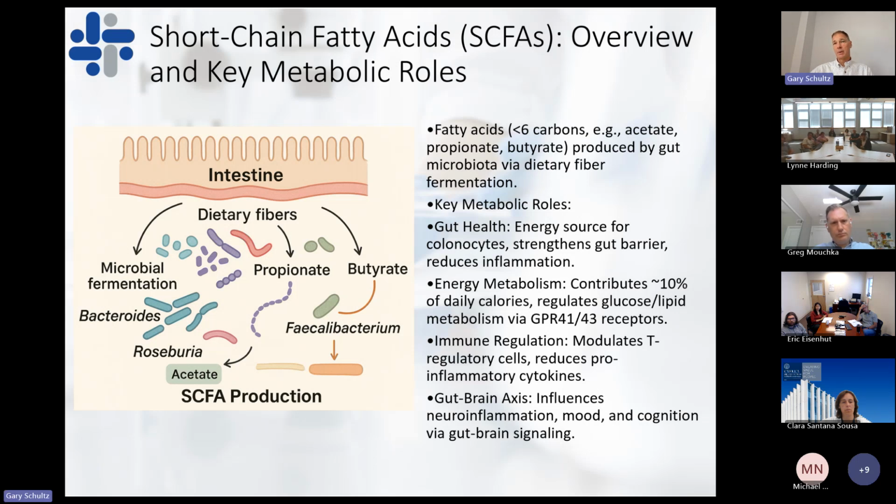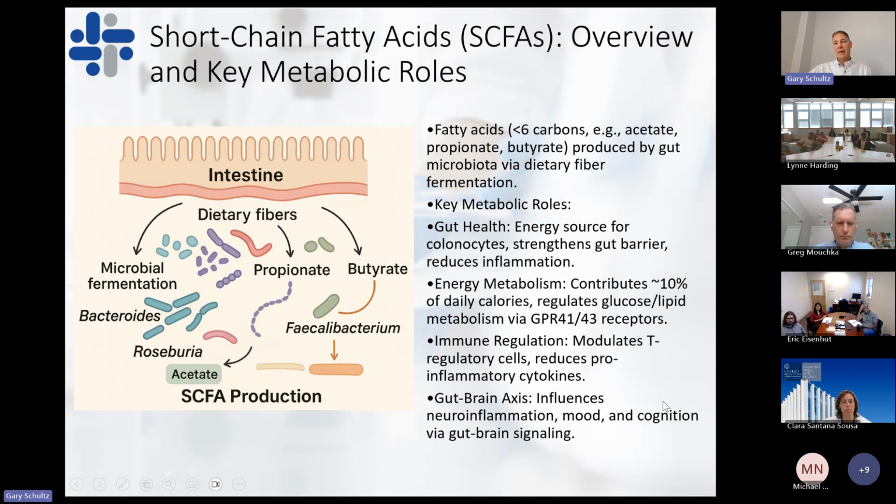And they play a key role in metabolic health, both in terms of energy sources, and they also strengthen our GI gut barrier and reduce inflammation.